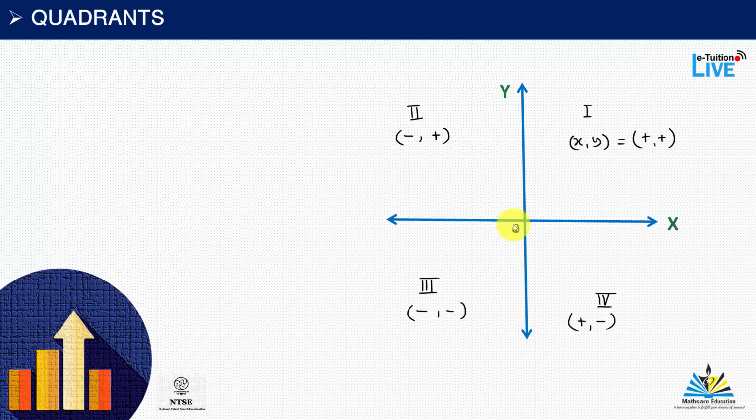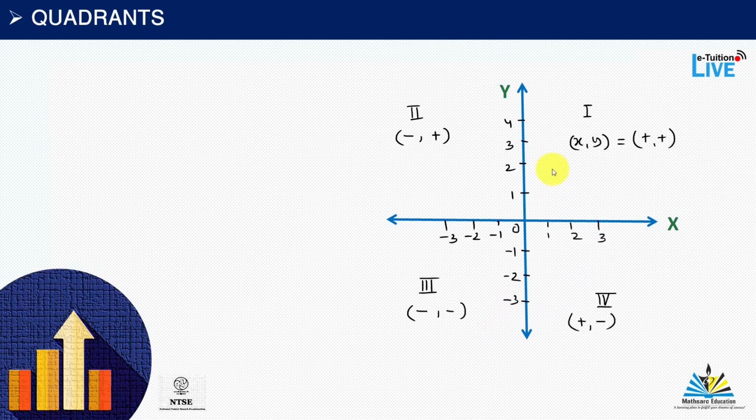Since this is a number line, if you write numbers on it, then this is 1 2 3, so these are the positive values, and here we have negative values, minus 1 minus 2 minus 3 and so on. At this place there is 1 2 3 4, and here we have minus 1 minus 2 minus 3 and so on.